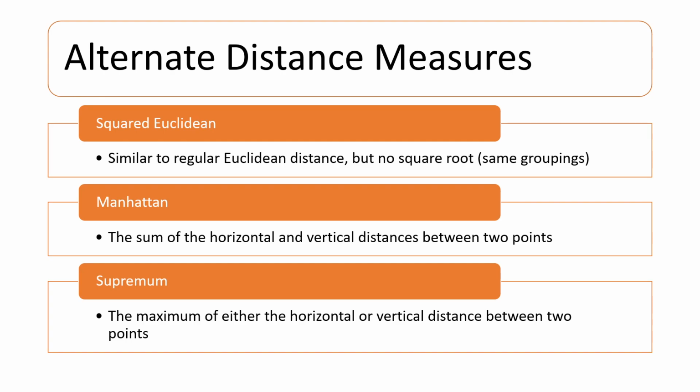So all three of these are potential alternates to the Euclidean distance metric. All three of these have different potential benefits and detriments. We did introduce Manhattan within this lecture set as an alternative to Euclidean distance when you're looking at lots of variables and are worried about the curse of dimensionality. And squared Euclidean also clearly comes into play if you're just looking to speed up the algorithm.